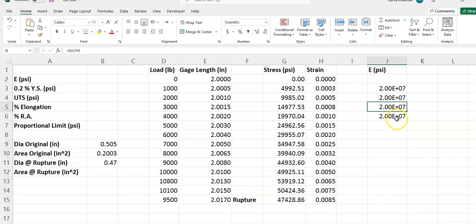And now we can make sure that up to this stress point, we are in elastic region. And above this stress, we enter the plastic region. Now let's type elastic here.